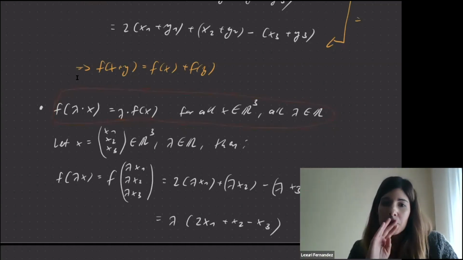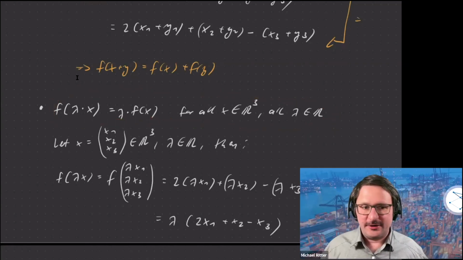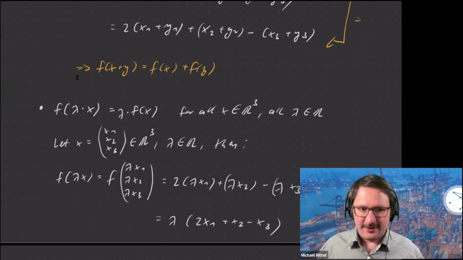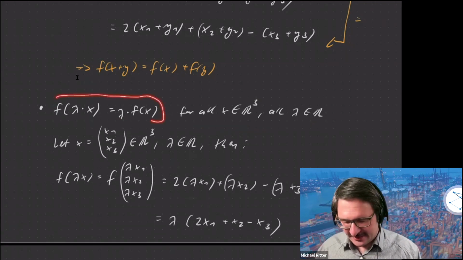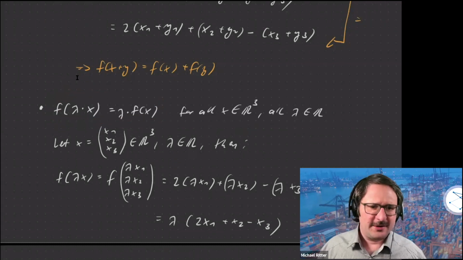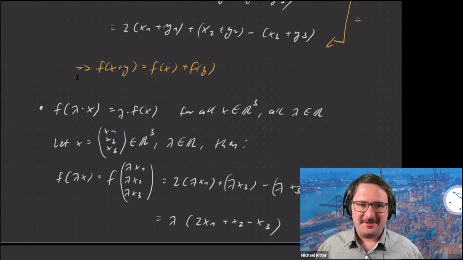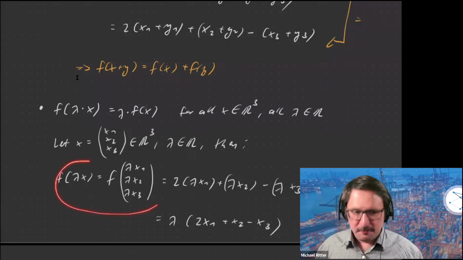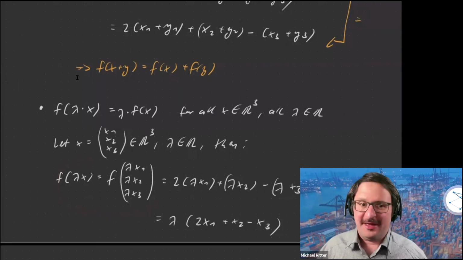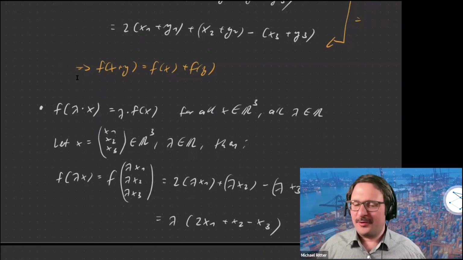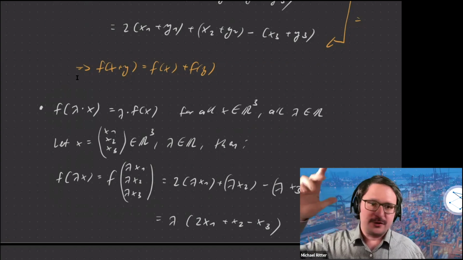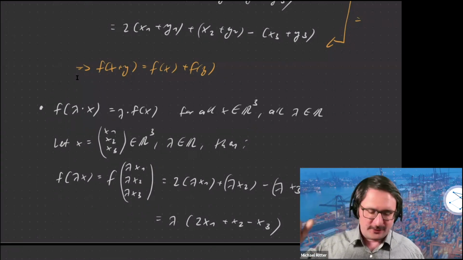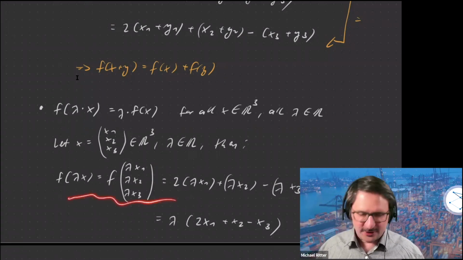If it's clear what you're doing in your computations, it's not really necessary to write that down once again. I would usually write down something like this, just as a shortcut, so that the corrector knows what I'm planning to do here. As usual, this probably helps you in case you go wrong somewhere: the corrector at least knows what your original plan was. That's why I would quickly write down my intentions. Or at least you should write down something like, we're going to show the two properties of a linear function, then point 1, point 2, and then go straight to these computations.